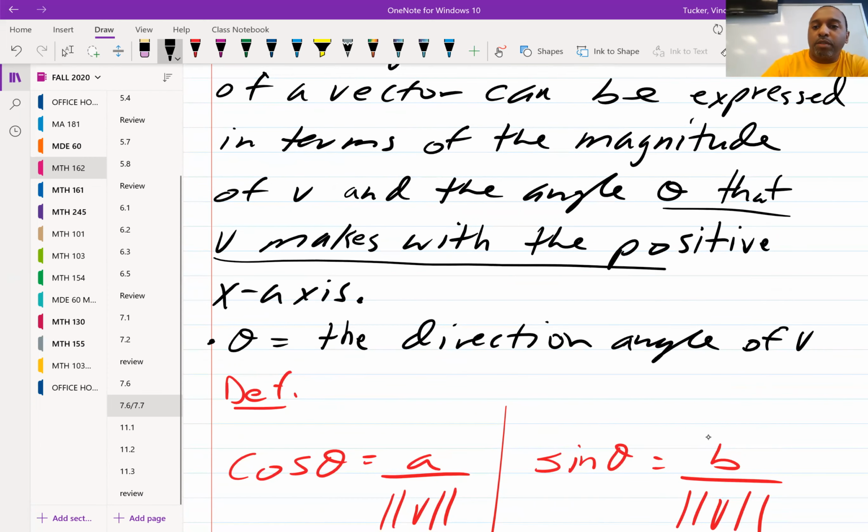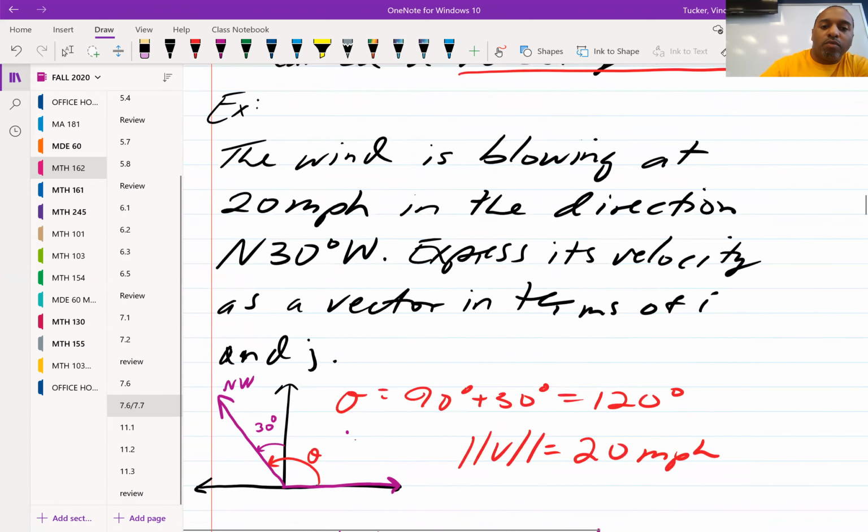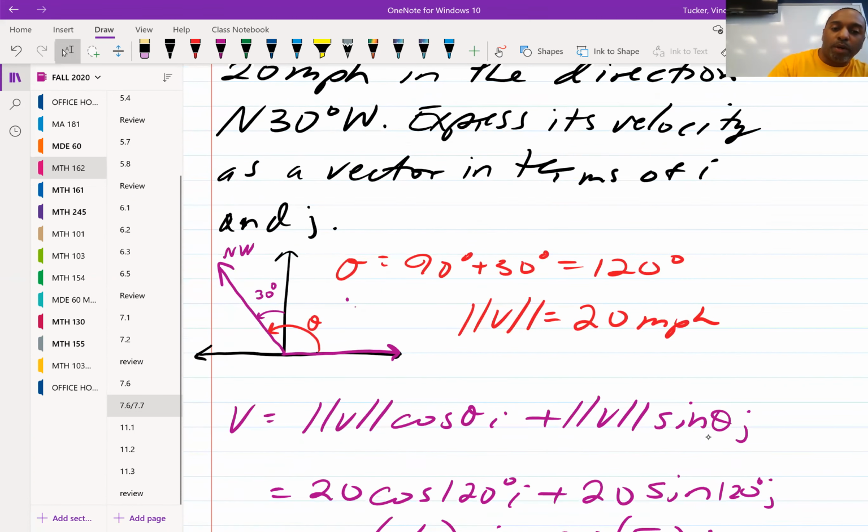Theta V makes with the positive x-axis. So when we go here, we talk about northwest 30 degrees.